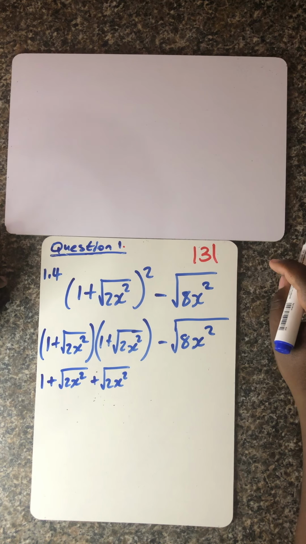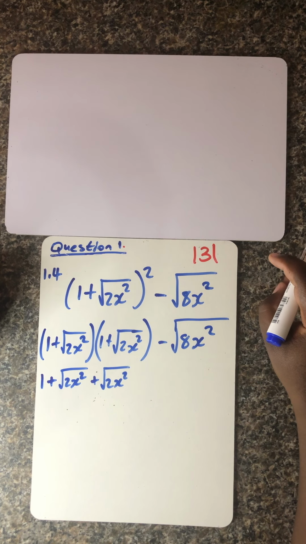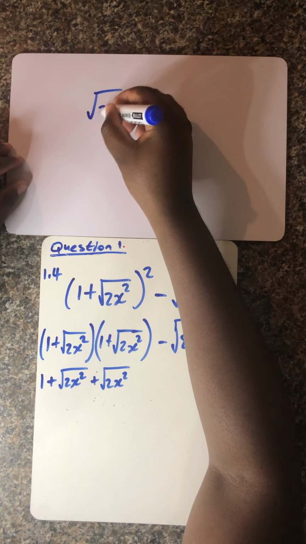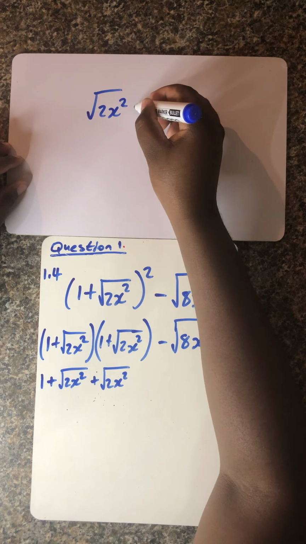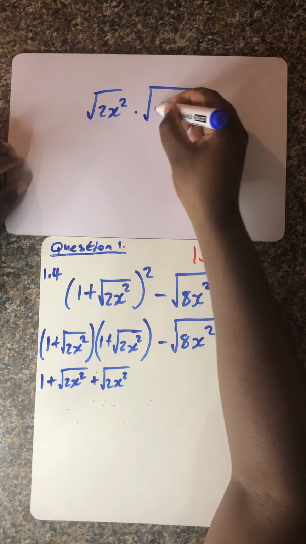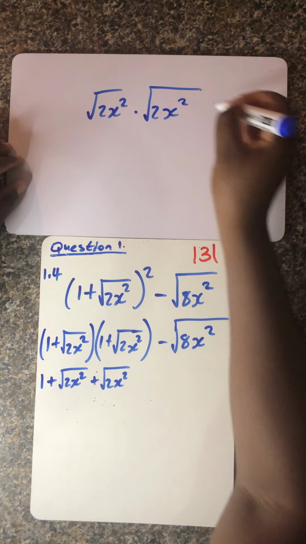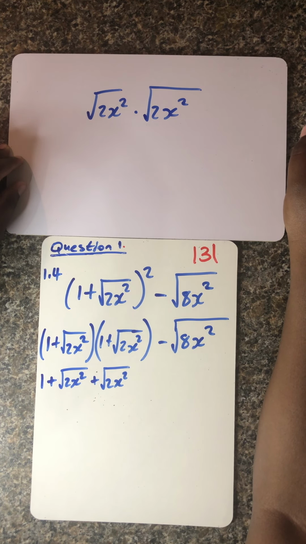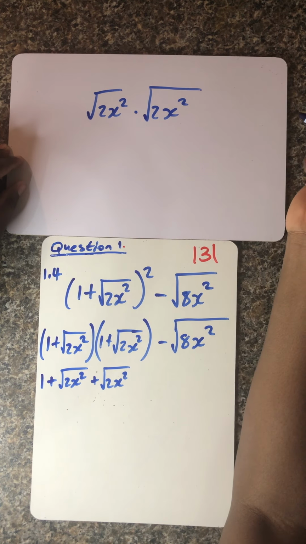Ladies and gentlemen, this is where it starts to be a little bit interesting. Remember guys, you have square root of 2x squared multiplied by the same thing. This is quite interesting, and it's a bit tricky. So ladies and gentlemen, how do I do this?